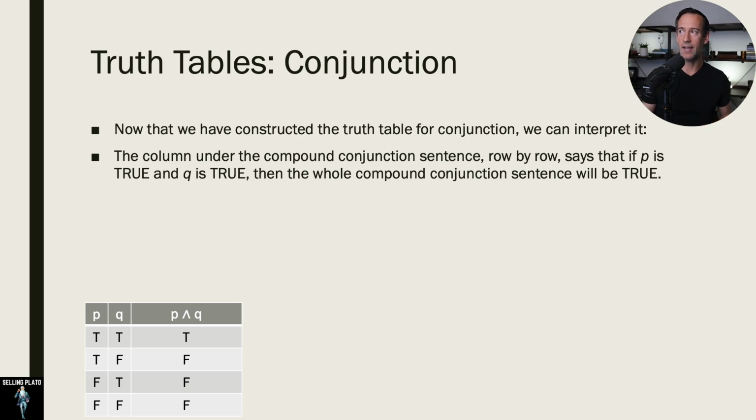So row by row, it says that if P is true, see that first row all the way to the left, and Q is true, then now we have our compound sentence interpretation: the whole compound conjunction sentence is true. You know that from what we went over about how operators work, specifically the conjunction operator. You know by now, because you memorized it, that a conjunction needs all of its conjuncts to be true in order for the entire compound sentence to be true.